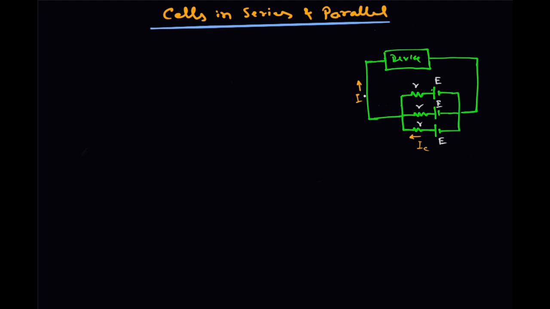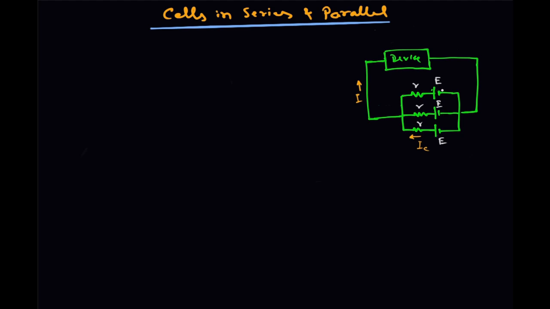Suppose this device requires 2 ampere current, and each of these batteries can provide only 1 ampere. Then in that case we can connect 2 or 3 batteries in parallel, so that the current will be shared by these batteries or cells in parallel. Let us think that these are the cells.